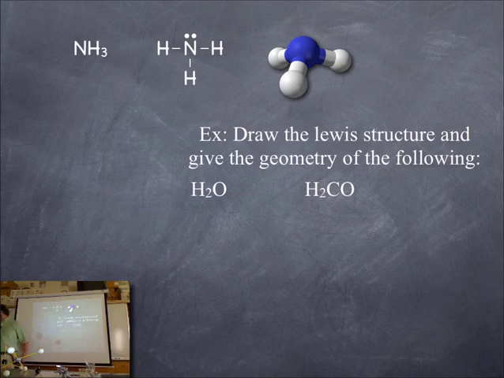Should we draw 3D? No, what I would do is do your Lewis structure like normal, because all I'm asking you to do is draw the Lewis structure, and then look at the number of bonds and the number of lone pairs, and tell me the shape. You can start to draw your Lewis structures in a more representative form, if that helps you, but don't feel like you have to.